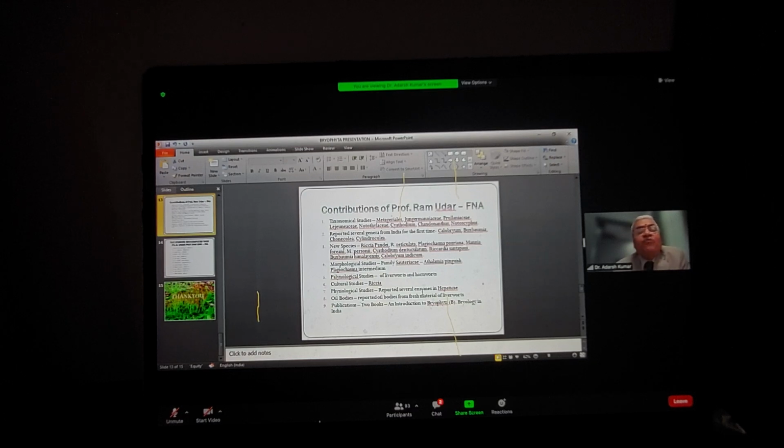He started his work with the cultural studies, and he did the cultural studies in the plant Riccia. He also completed some work on the physiological studies and reported several enzymes in case of the hepatics.